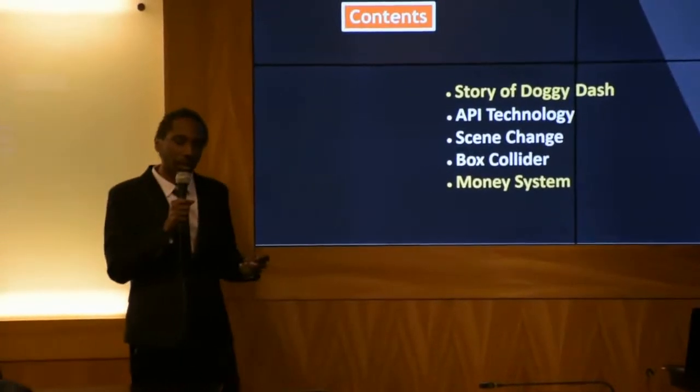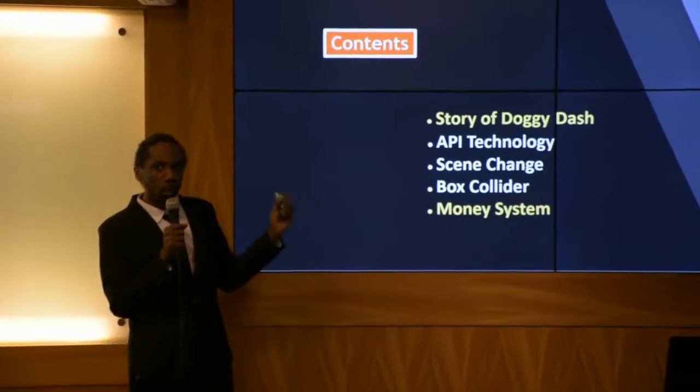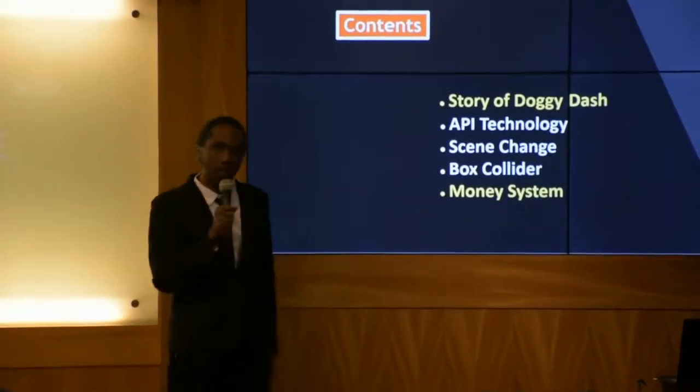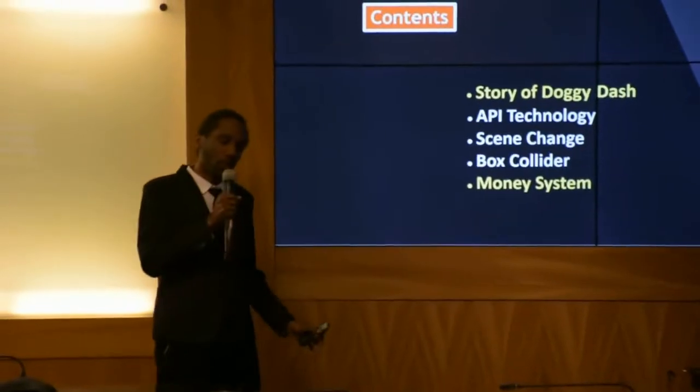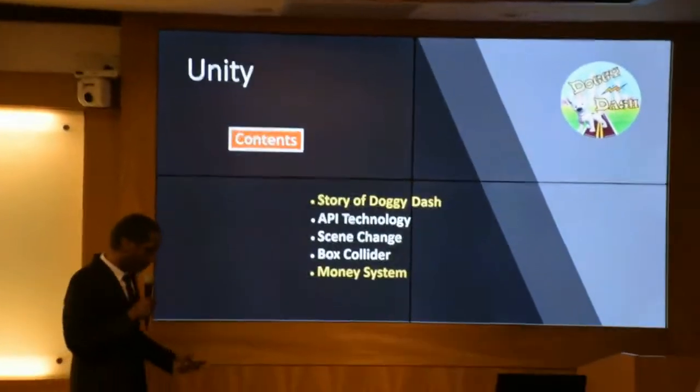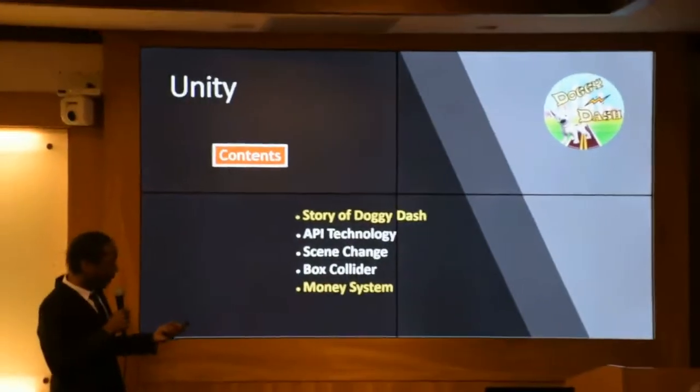On the screen, 2 points are highlighted: the story of Doggy Dash and the money system. Those are the newest additions with this latest version. So we'll get right into it.